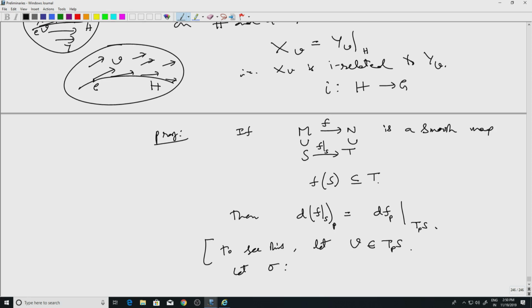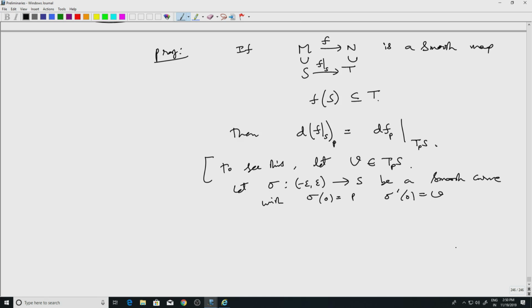Let sigma from minus epsilon to epsilon in S be a smooth curve with sigma 0 equals P, sigma prime 0 equals V. Then dFP acting on V is the same thing as d by dt of F composed with sigma at t equals 0.